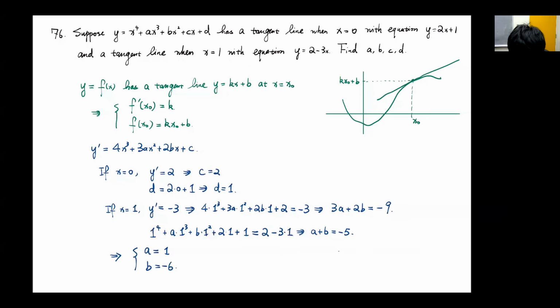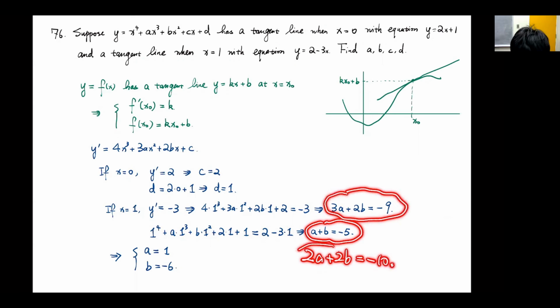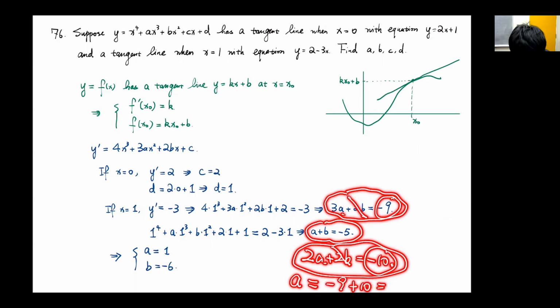Let's actually do that. a plus b equals minus 5, which means 2a plus 2b equals minus 10. If you subtract this equation from the first one, 2b is gone, and 3a minus 2a gives me a. On the right-hand side, it will be minus 9 minus minus 10, which is minus 9 plus 10, equal to 1. That's how I get a equals 1.